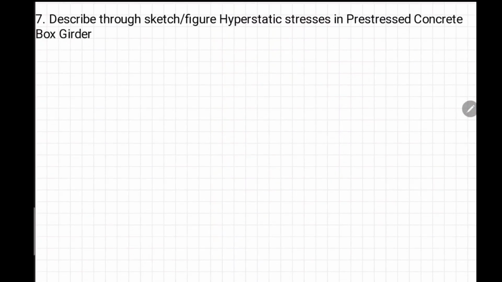Describe through a sketch hyperstatic stresses in a prestress girder. If a prestress force is applied on a simply supported girder, we can have a parabolic profile or straight profile. The girder will deflect and no secondary stresses are generated.